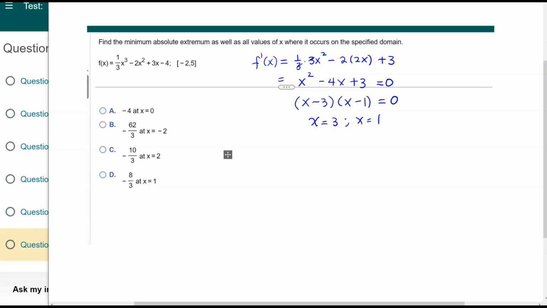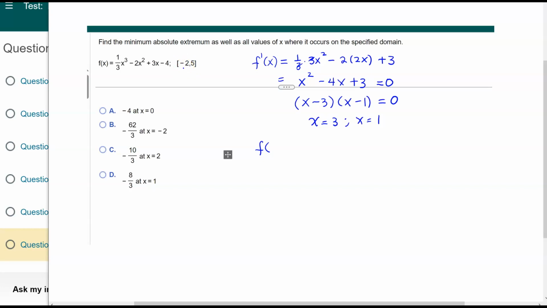Then what do you do to proceed? You are going to plug in all these values to the function, and you're going to compare the results. Now, because the domain given, the values of x, is a closed interval, that means we're also going to evaluate the function at the endpoints of the interval.